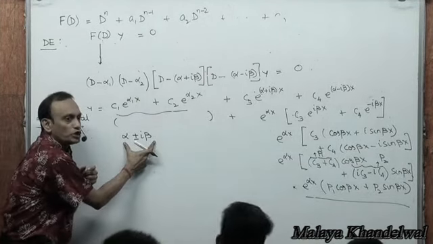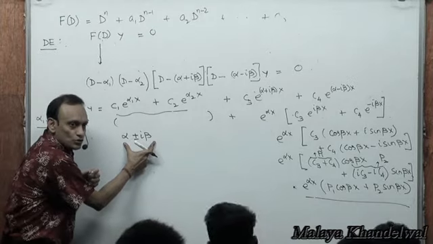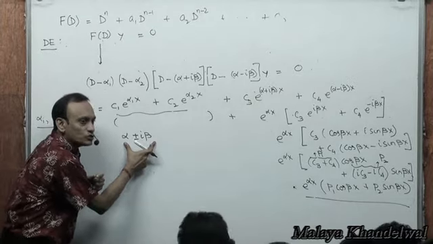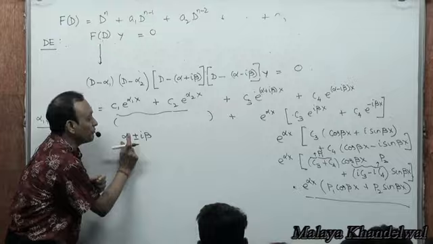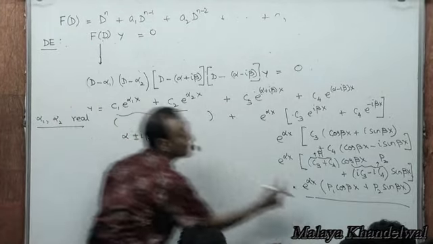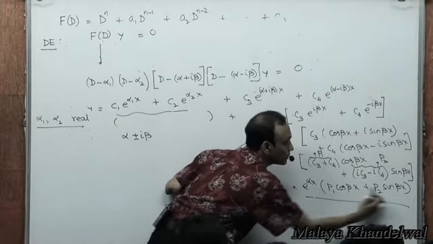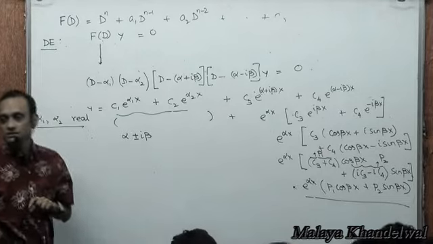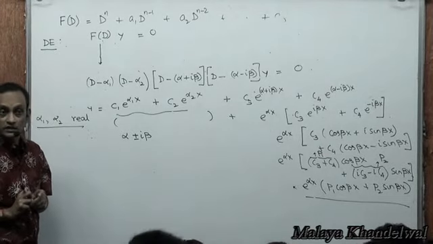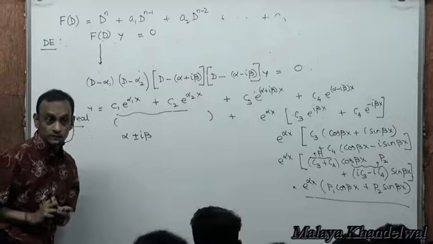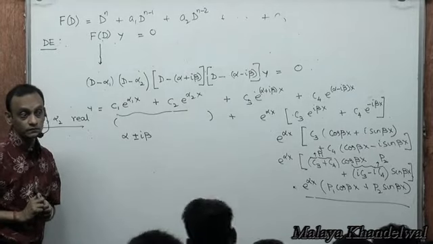Alpha is the real part of the complex root and beta is the imaginary part of the complex roots that occurred in pairs. Right? Yes or no?